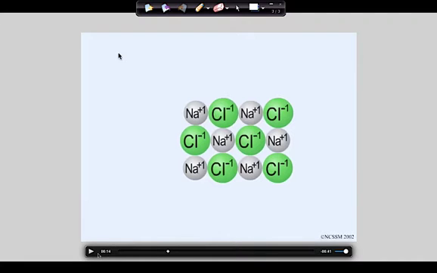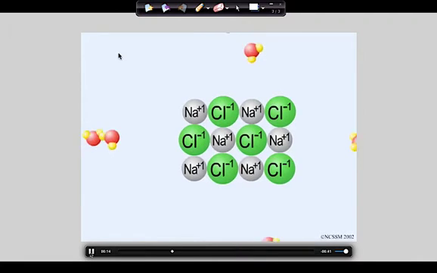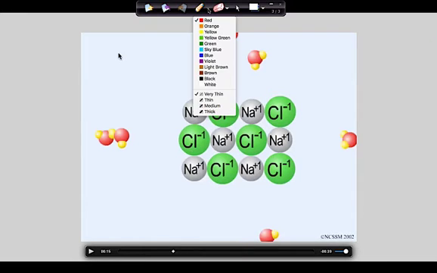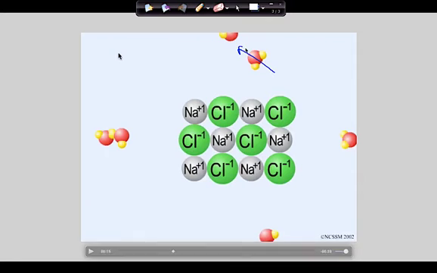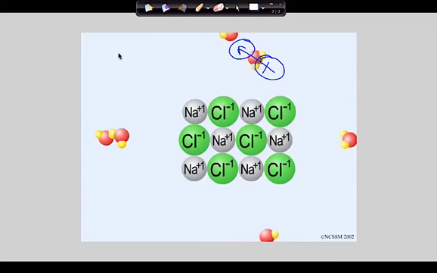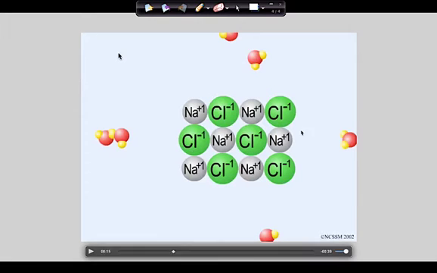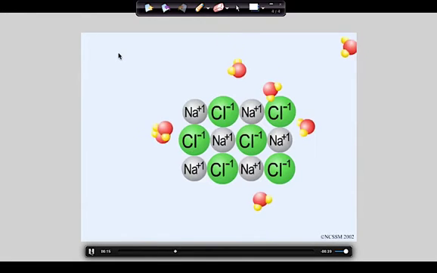So guys, notice as the water molecules come in, because they are polar, these polar water molecules have negative and positive ends. Those water molecules are attracted to the positive and negative ions in the salt crystal, and they come along and rip it apart.